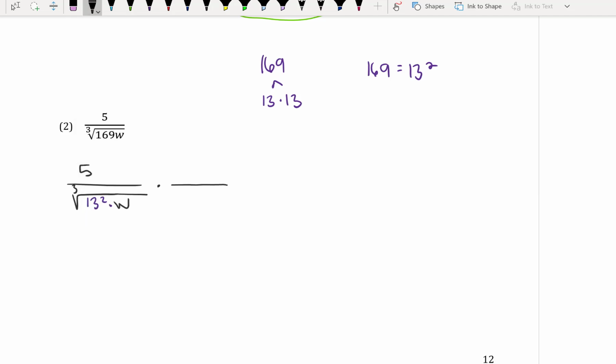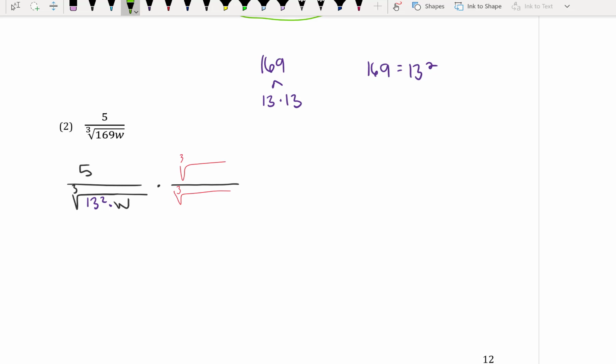Now you want to multiply top and bottom to get rid of that 13 squared. The only way to do that is if you multiply top and bottom by the exact same thing. Since I had a third root, or an index of 3, I need to get it so that when you multiply everything together, you have a power or an exponent of 3.